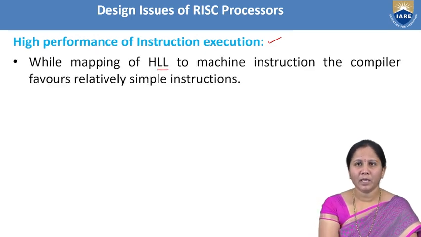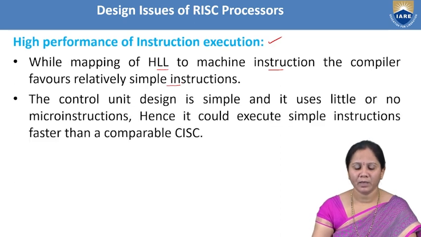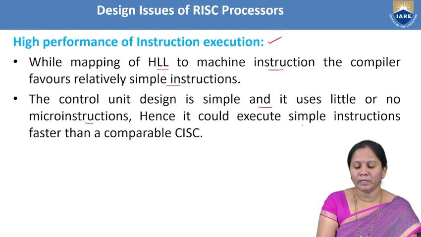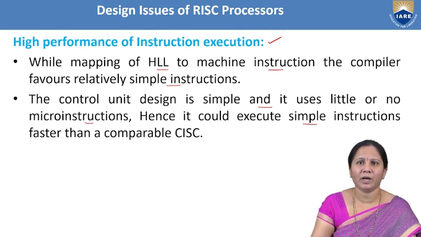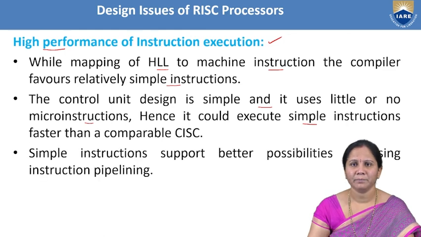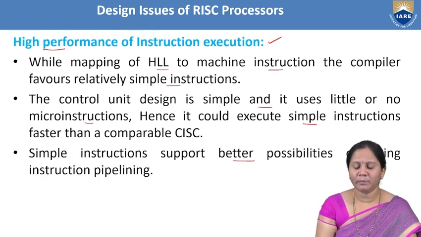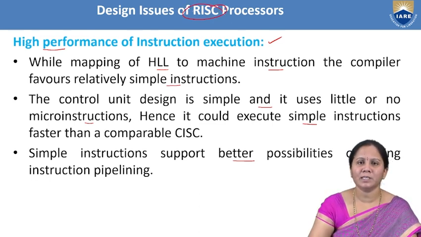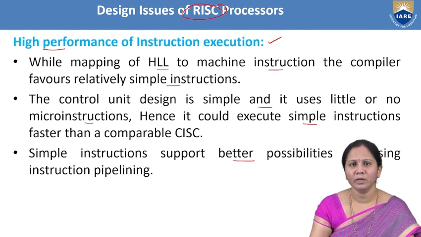While mapping HLL to machine instructions, the compiler relatively uses simple instructions. So the control unit design is simple and it uses little microinstruction, so that it can execute simple instructions faster compared to CISC, so that it can achieve high performance. And simple instructions support better possibilities of using instruction pipelining. So the RISC processor supports pipelining, whereas CISC does not support pipelining.